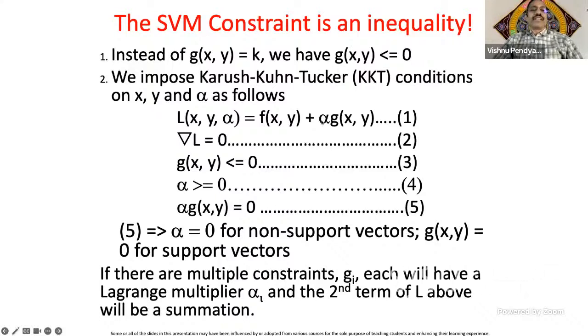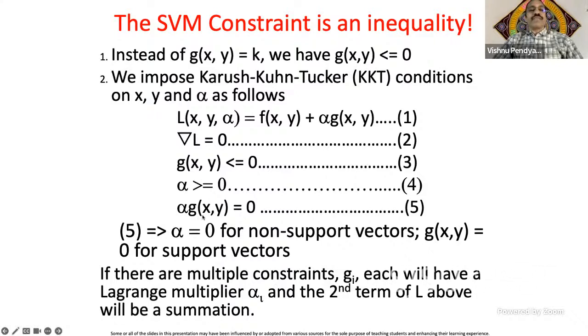When g is not obeyed, the constraint is not followed, then alpha needs to go to infinity. That's the reason why it has to be positive. If it is negative, then it goes the other way around. This is just intuition, but it's formally proved in the KKT formulation.